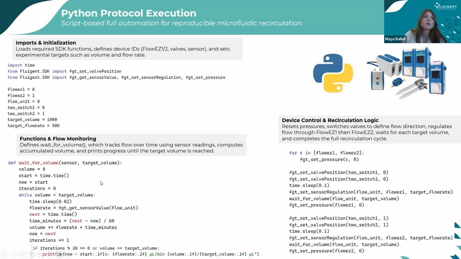For example, here is the definition of the function wait for volume that I just explained before. And third, you have the device control, the recirculation protocol itself. This part controls the sequence. It runs the flow, runs the wait for volume that you already defined, switches the valves, and so on. And you can repeat this cycle as many times as needed.